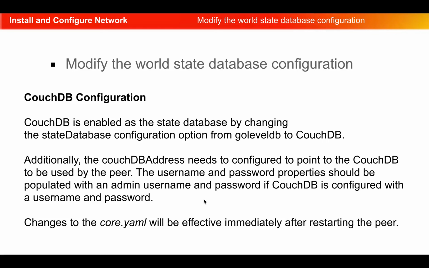The summary of this is, whenever you change the database from goleveldb to CouchDB, like any other database, if you have worked with MySQL, you need to give a username and password. In the same way, if you are using CouchDB, you need to give the username and password, and these changes have to be present in core.yaml.